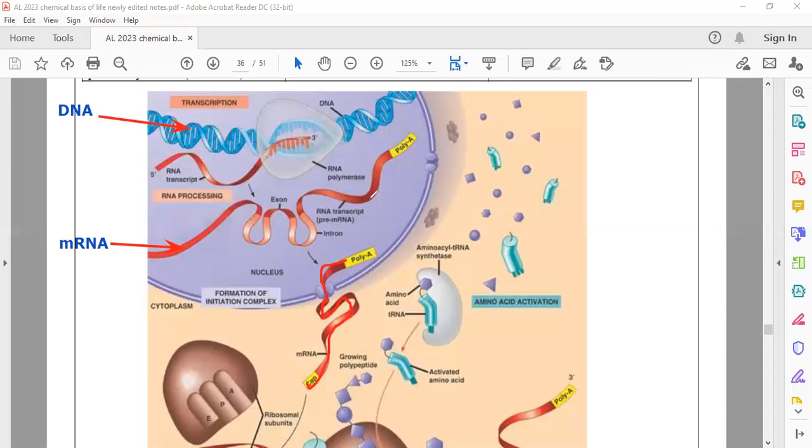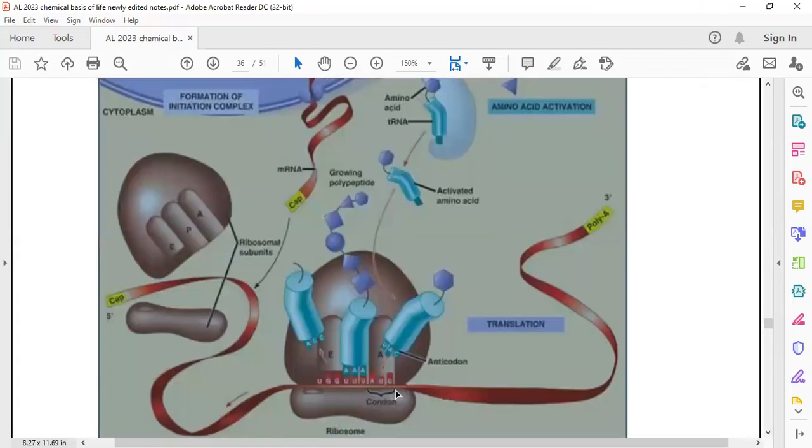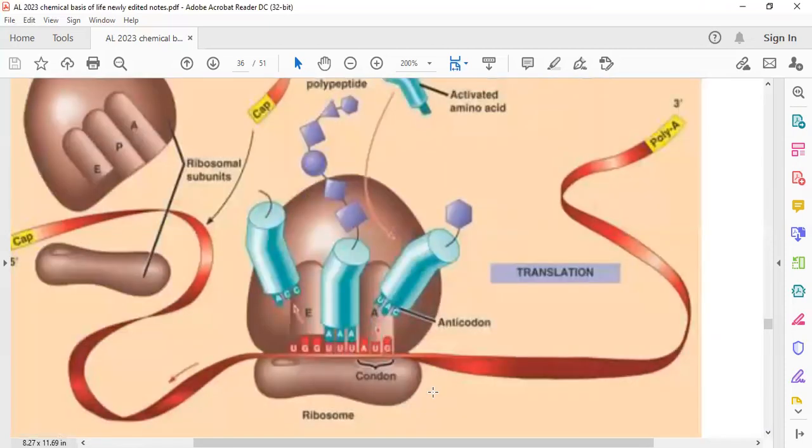Okay. Now, this is the most important place. In this one, all the three RNA combine. Here, what is the RNA? Look at the diagram and tell me what is the RNA?